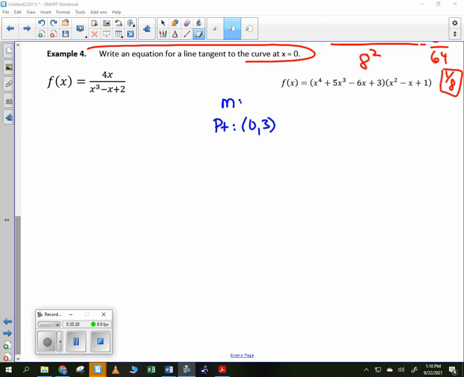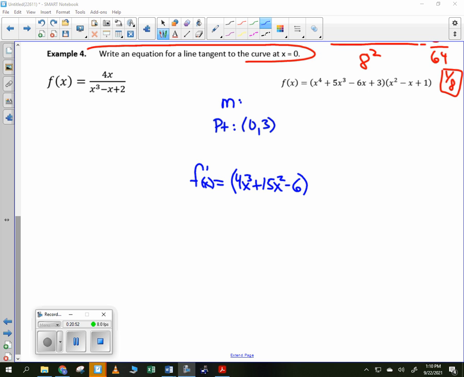If I want to find the slope, I need to find a derivative. What rule do I have to use to find the derivative? Product. So you tell me, f prime of x is equal to what? 4x cubed, 15x squared, minus 6. You go, Carter. All right, is that my derivative?